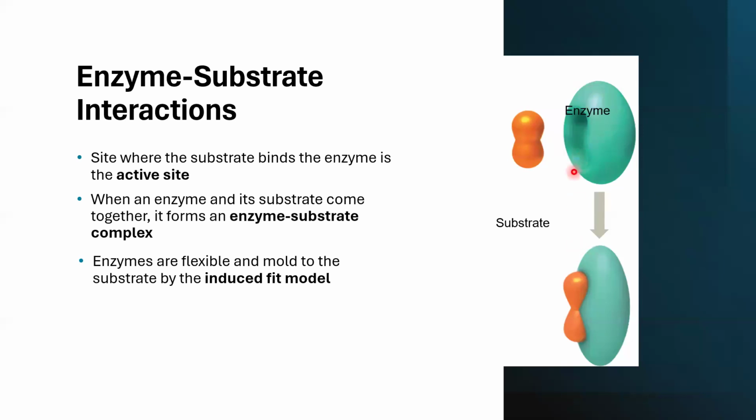And while these things do need to fit together decently well, the enzyme is flexible enough to mold to the substrate. And the idea of it doing that is included in the induced fit model, basically saying that it's going to mold itself around it. Now, if the shape of the substrate is too different from what it's supposed to be, it will not be able to mold itself around it.